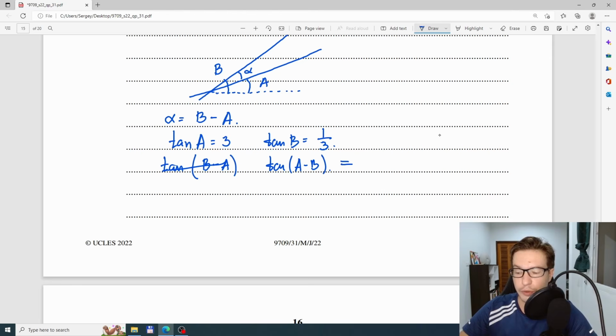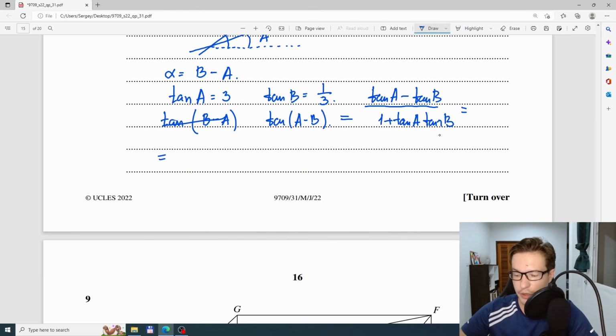In order to do so, we can use the formula for tangent A minus B. That's going to be tan A minus tan B over 1 plus tangent A times tangent B. We have the value of both tangents, so all we have to do is substitute into that formula.